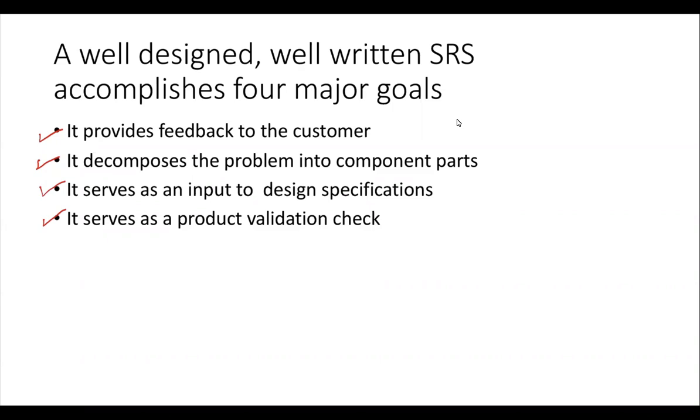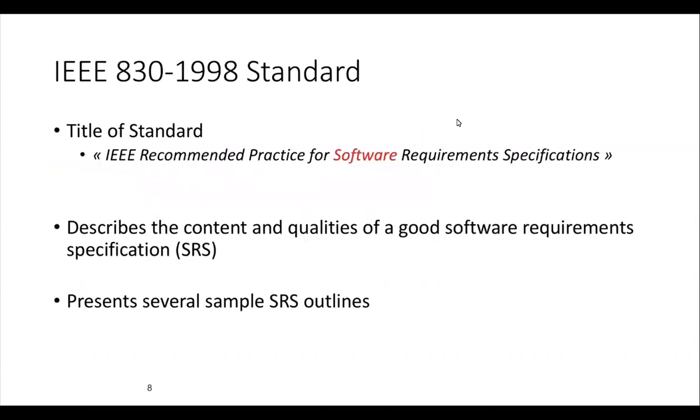As I said, we will follow the IEEE 830 standard. The title of this standard is IEEE Recommended Practice for Software Requirements Specifications. I have posted the IEEE 830 template for you on D2L, so you could have a look at it and see what the main contents of the IEEE 830 are, which will be discussed in more detail in today's lecture.